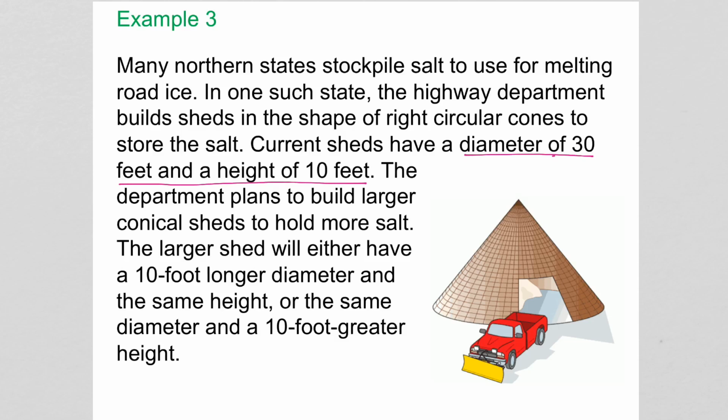The department plans to build larger conical sheds to hold more salt. The larger shed will have a 10-foot longer diameter. So that'd be 10 plus 30 or 40-foot diameter, and the same height, so still a height of 10 feet.